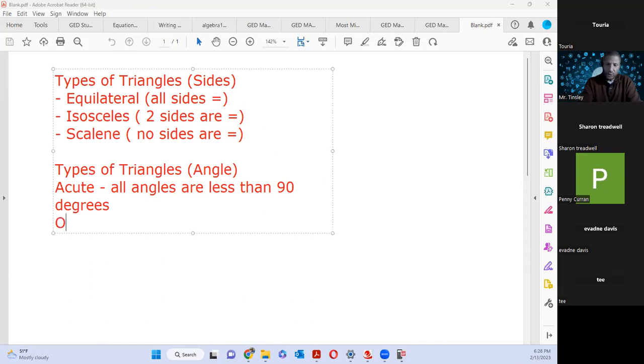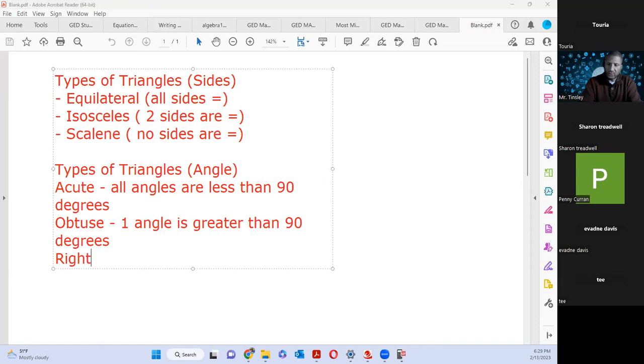Obtuse is one angle is greater than 90 degrees. And then you have a right triangle. One angle is equal to 90 degrees.